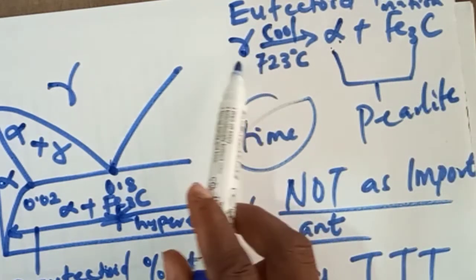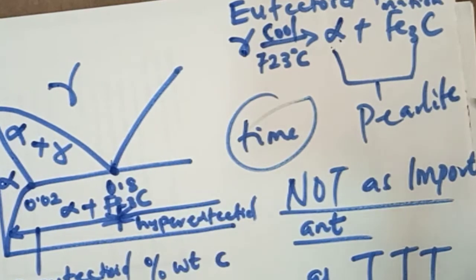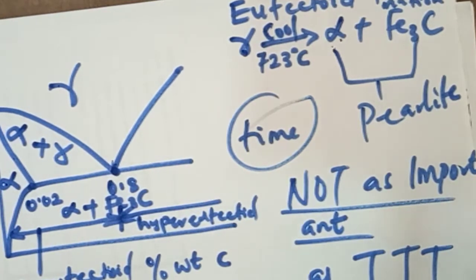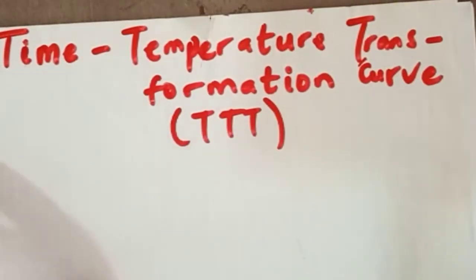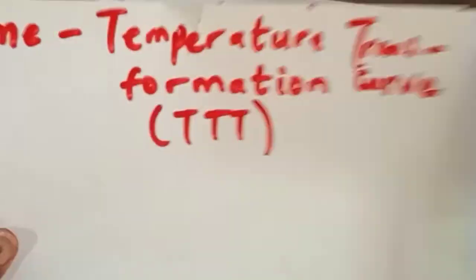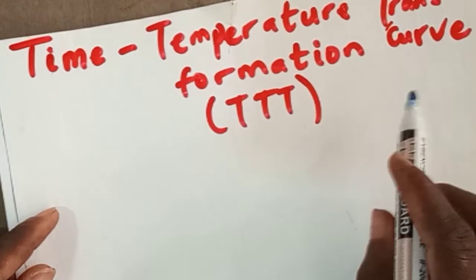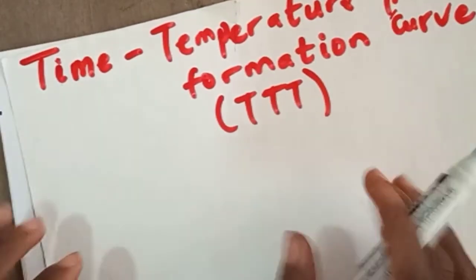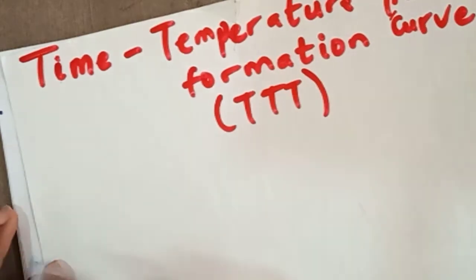So when you cool down austenite at 723, you are going to have pearlite. But for how long? We don't know. That is why we will now introduce what we call our TTT curve. So what is the TTT curve? TTT curve is time temperature transformation curve. That is to say, this curve is dependent on both time and temperature.